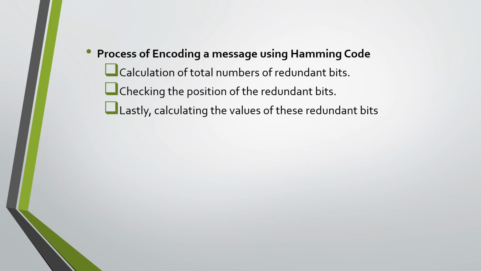After that, check the positions of the redundant bits, which must be powers of 2. That is, 2 raised to 0 means 1, then position number 2, position number 4, position number 8, which are powers of 2, are used for the redundant bits, and then calculate the values of these redundant bits using the previous tables.